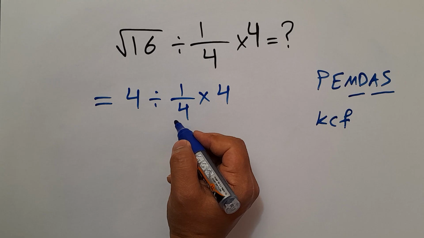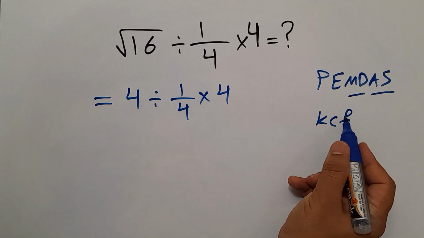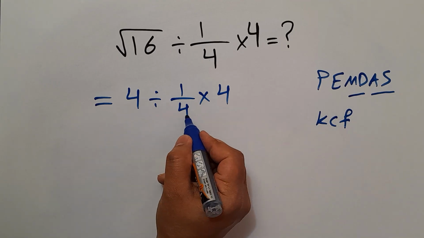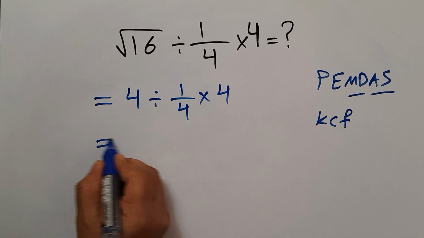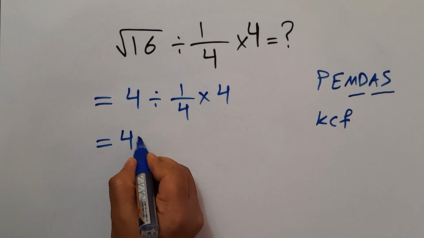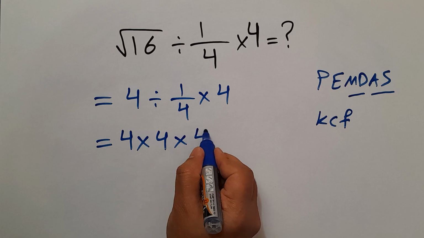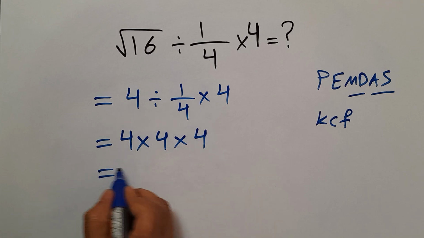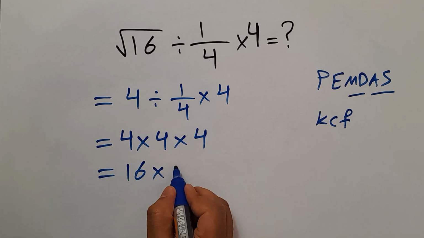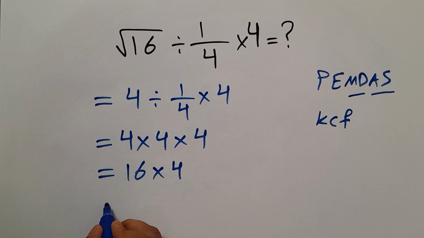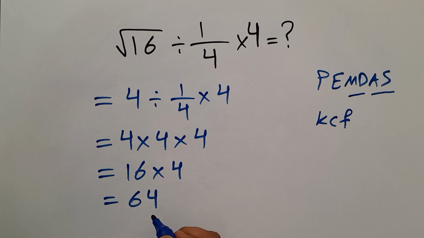Okay, so according to this rule, these terms can be written as 4 times just 4 and again times 4. 4 times 4 equals 16, and 16 times 4 gives us 64. So our final answer to this problem is 64.